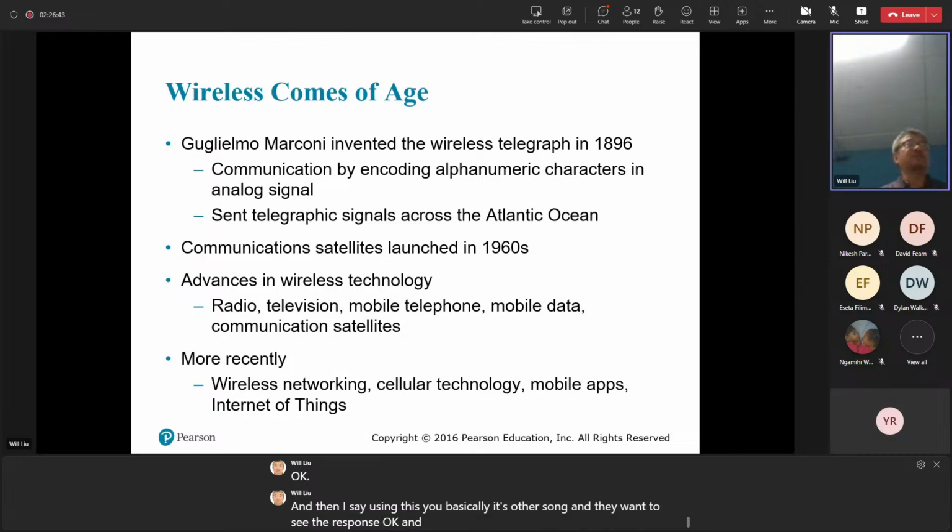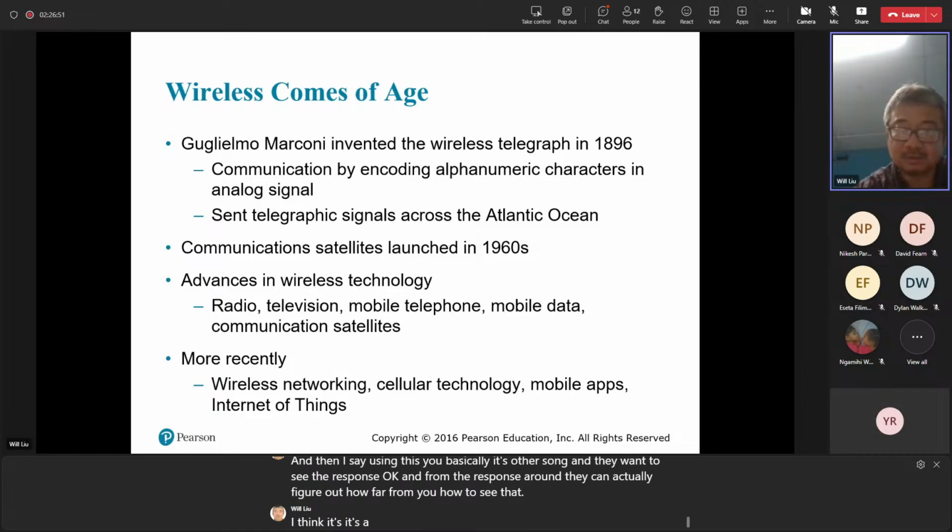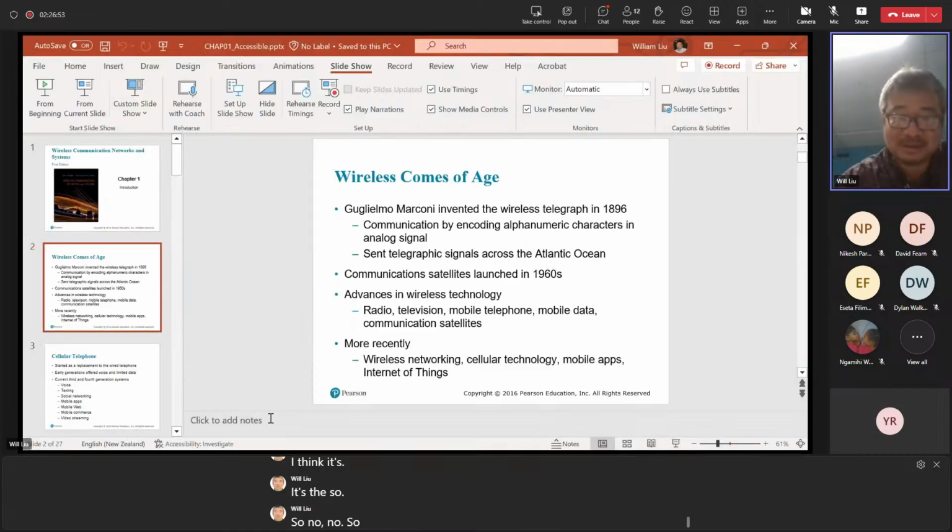And from the response sound, they can actually figure out how far it is from you. So the word is sonar.